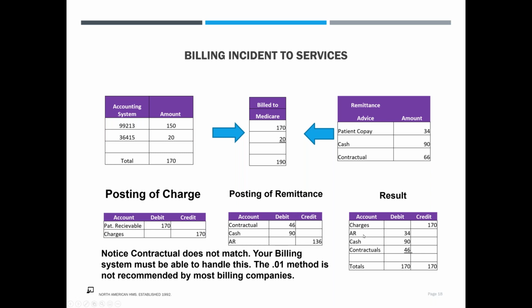Remember, your patient is still going to owe you $34 at this point. It's going to be the patient receivable, $34, which is the patient copay. Your charges are still going to be 170. Your cash collections will be 90, and your contractual adjustment will be 46. So that's just a sample of going through what should be happening in your system there.